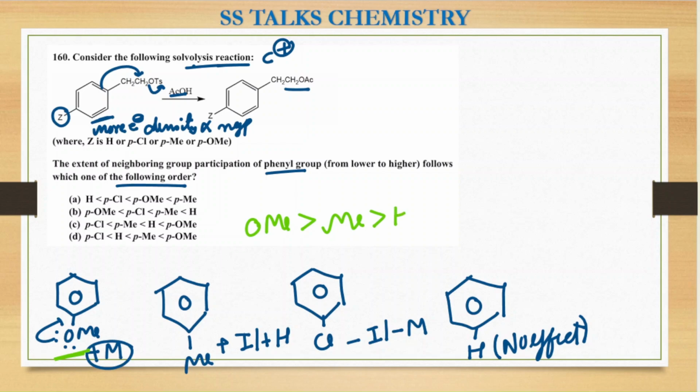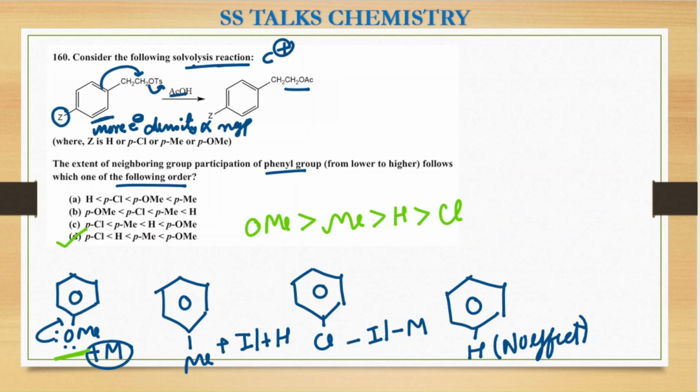Then will be the hydrogen atom, which is neither increasing nor decreasing the electron density from the benzene ring, and the least will be for the chlorine group, that substituent which is decreasing the electron density over there. Okay, so the correct sequence is the one in option D that is given to us. So the correct answer will be D for this one. I hope this one is clear.